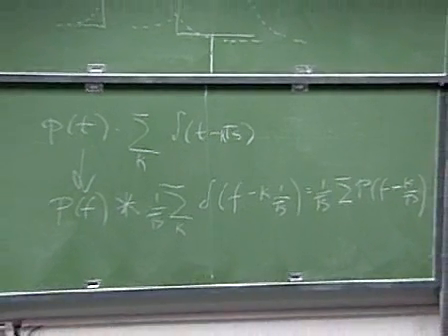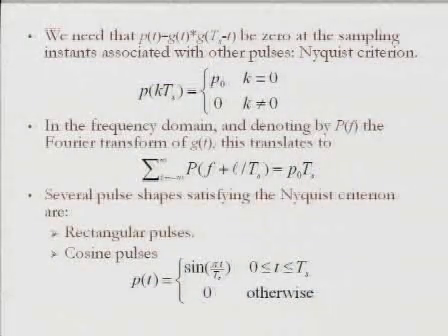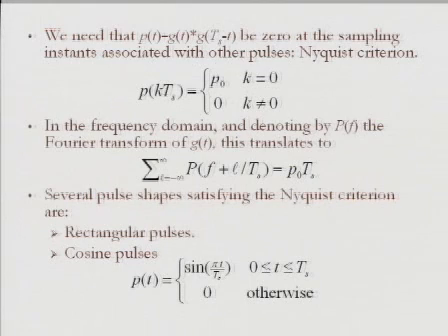This is called the Nyquist criterion because it was devised by Nyquist, the same guy of the Nyquist sampling theorem. So in order to be ISI free, the pulses P(f) in the frequency domain must satisfy this criterion. Luckily for us, there's a bunch of pulses that satisfy this condition.